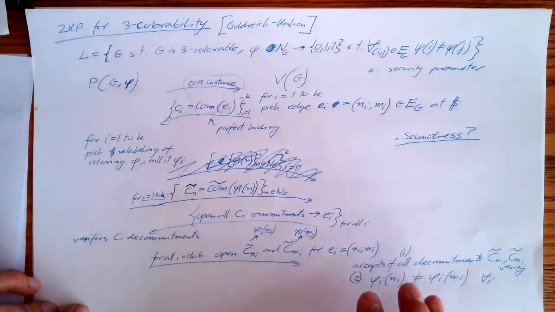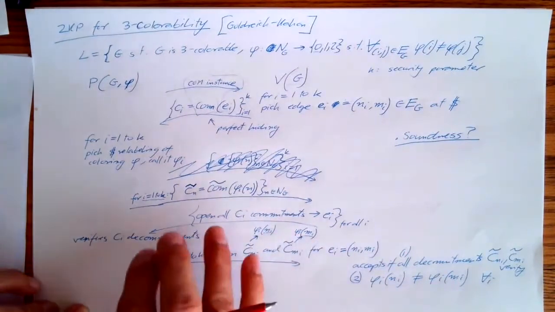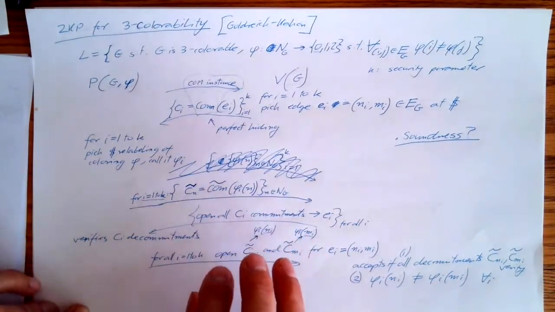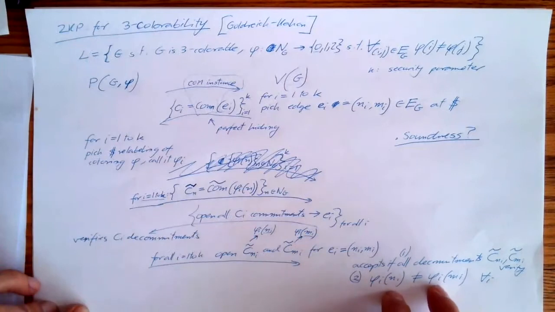If the graph is not tricolorable, there is no way to create labels with this property for all edges, because if it had this property for all edges, then it would be tricolorable. So there will always be at least one edge whose end nodes are labeled by the same color.